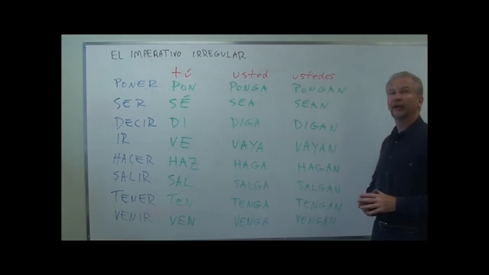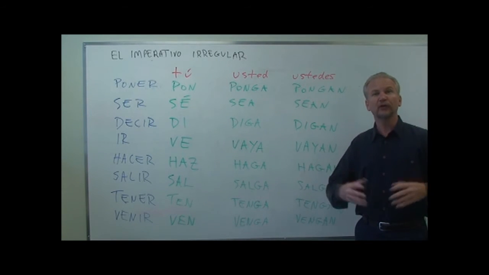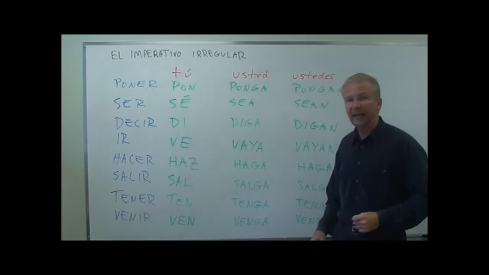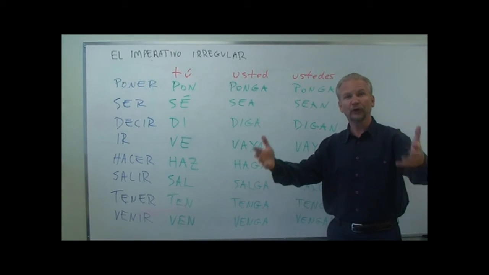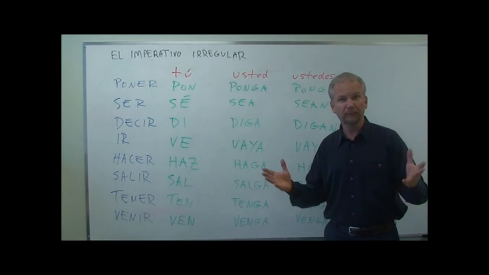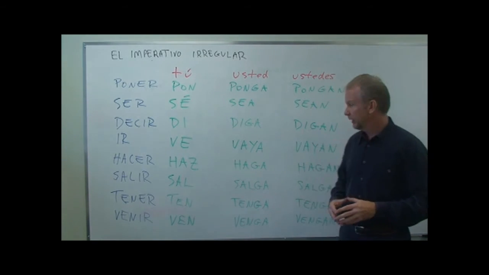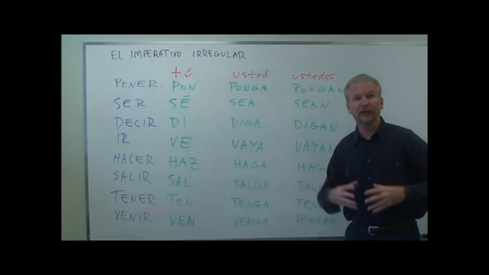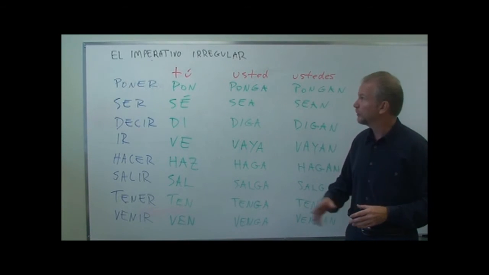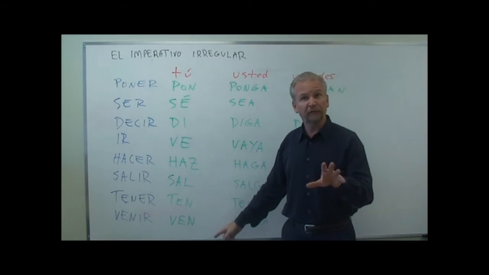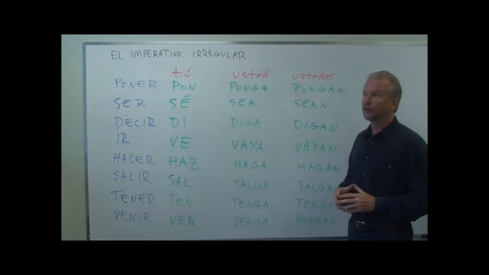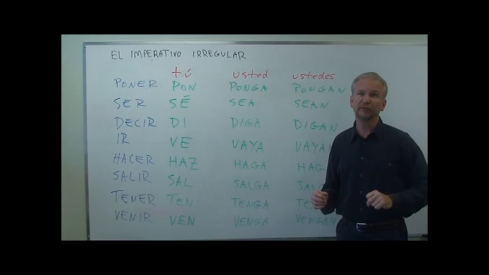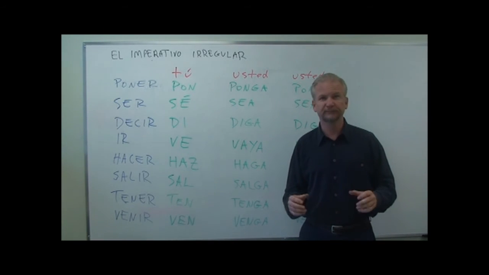Or tengan un buen día if you're talking to a plural group. Venir. Venga. Venga, señora. Come, ma'am. Right? If you're giving a formal invitation. Or vengan. Vengan a la clase. Come to the class. The plural form. So we see the tú form is different. The usted and ustedes forms for those 8 verbs have a different form. So that's what you need to pay attention to.